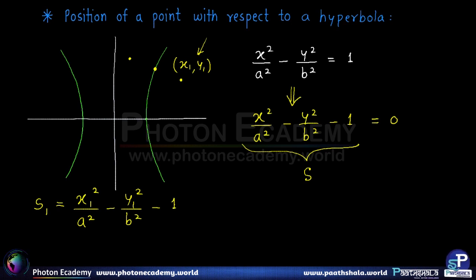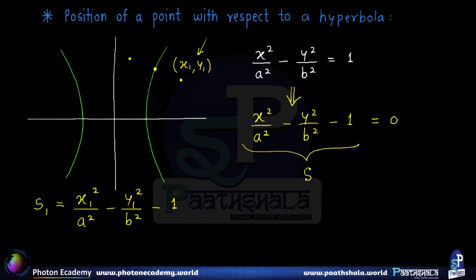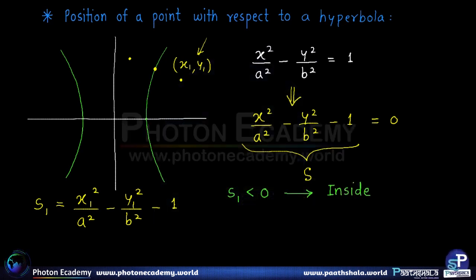So the condition is that if S1 is less than 0, then the point is lying inside the hyperbola. Now looking at the figure, it might be a little confusing which portion we call inside and which portion we call outside.